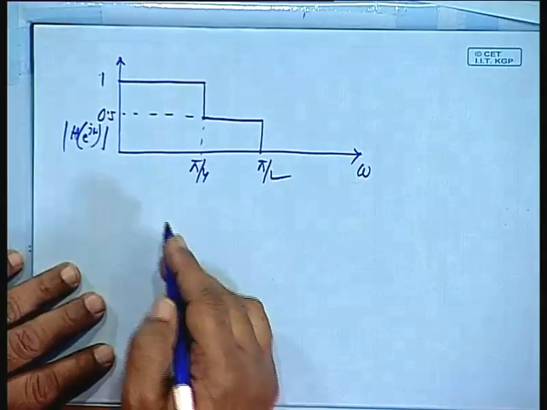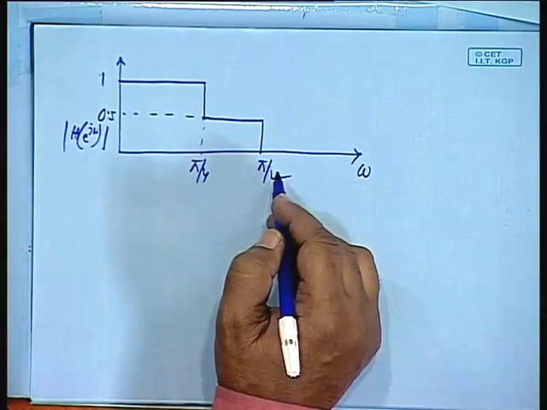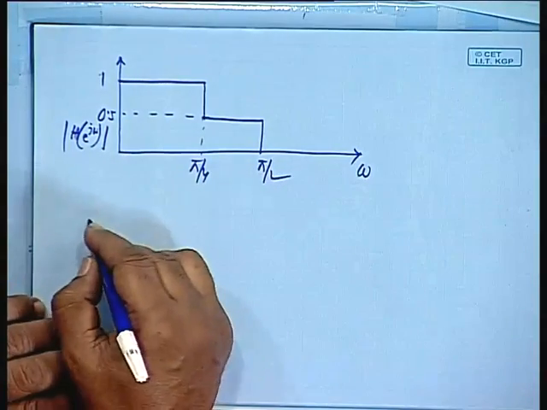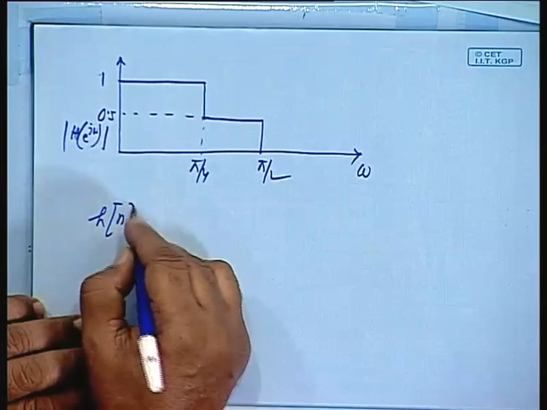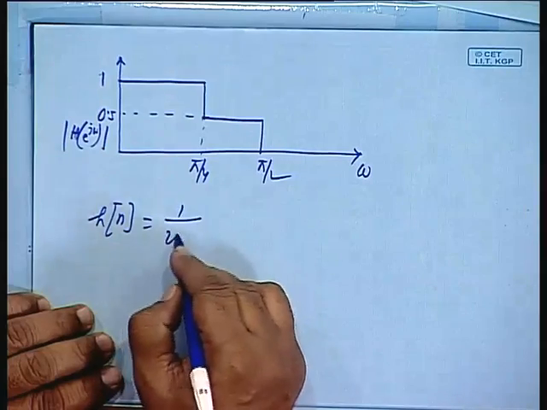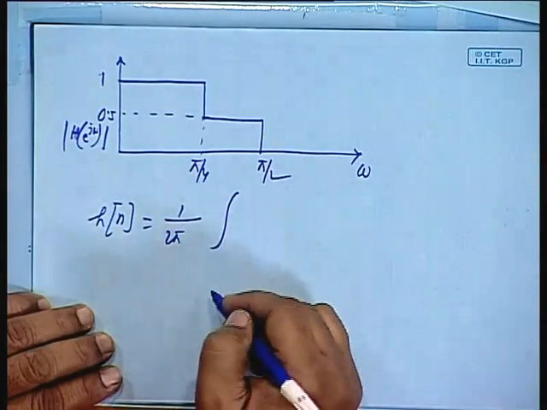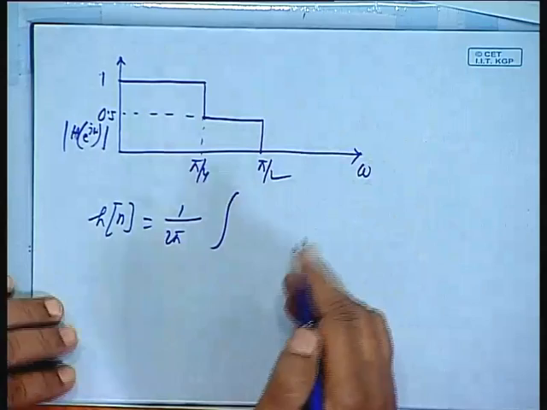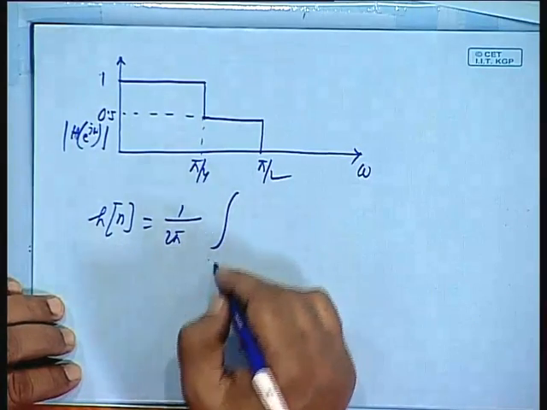As you know, for the FIR filter design, we calculate the expression for h[n] by integrating over one period, 2 pi, from minus pi to plus pi.